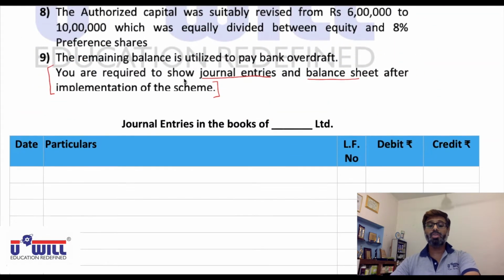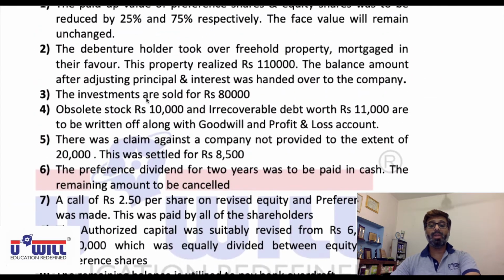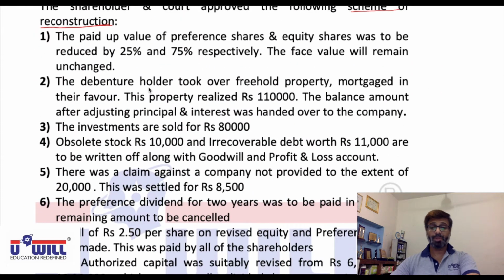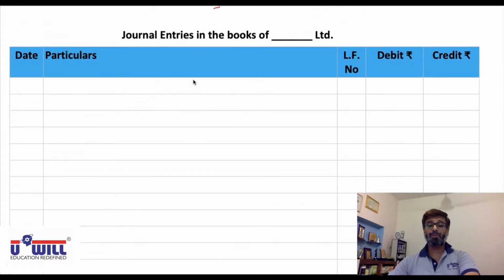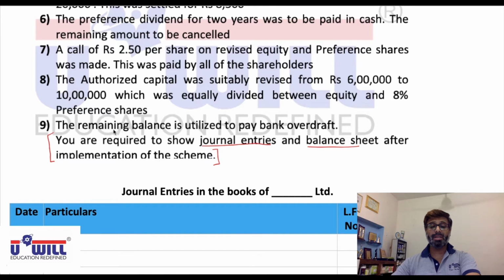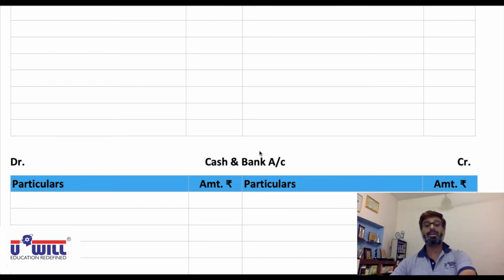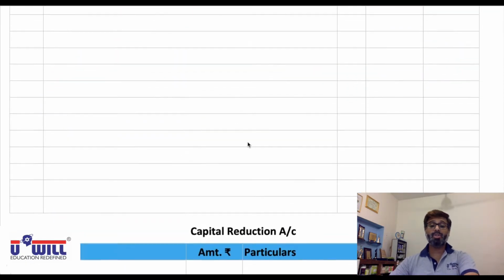Okay. So what you all will do is, I am not reading these 9 adjustments. We'll read the adjustments and directly solve it. So make the format, all of you. First make the format of journal entries. And because of the 9th adjustment, remaining balances utilized to pay back overdraft, in addition to capital reduction account, we'll also make cash and bank account. So two ledger accounts you all will make.